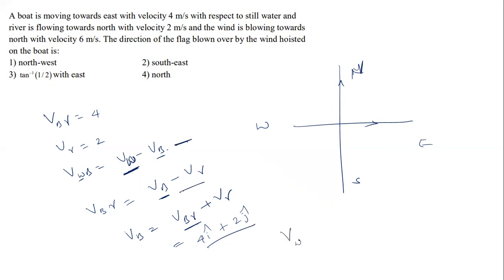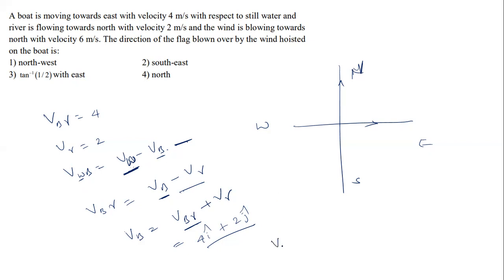So velocity of wind with respect to boat is equal to wind velocity minus 4 i cap plus 2 j cap, what we calculated here. Already wind velocity is given.